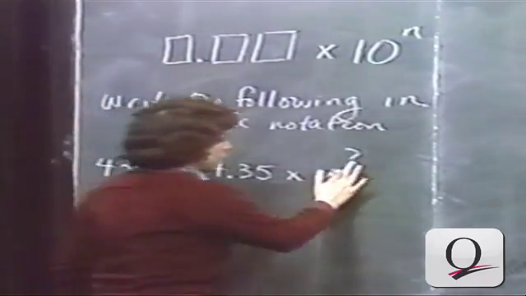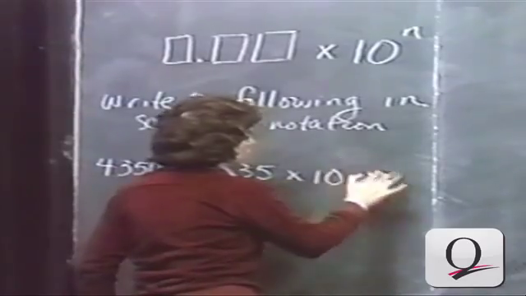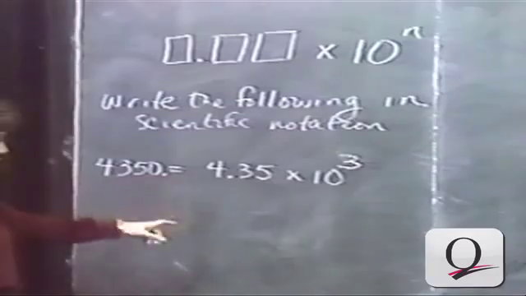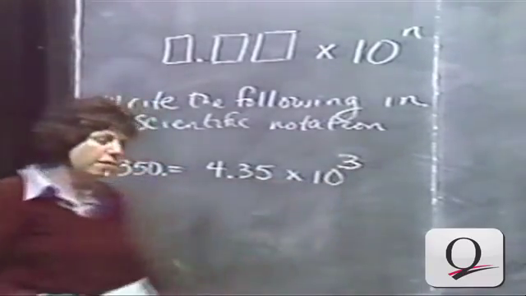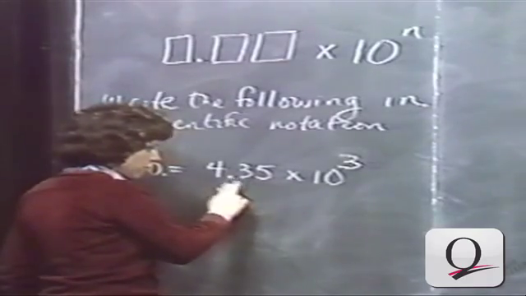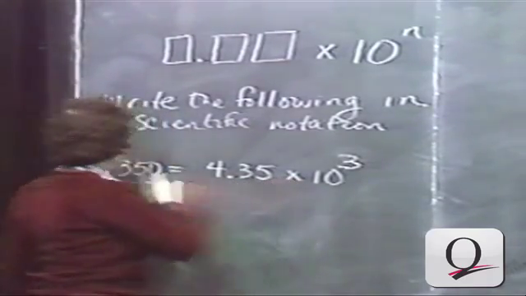If you're going to move the decimal three times to the right, that's the same as multiplying by 10 to the third power. Okay, you can check this out. 4.35 times 10 to the third power. You multiply by 10 to the third power, you move the decimal three places to the right. Gives you 4,350.